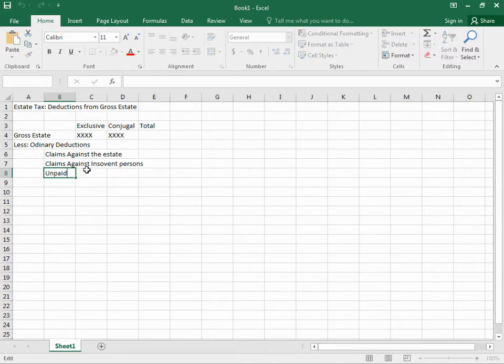So unpaid mortgage will be part of our ordinary deduction. Another one is property previously taxed.